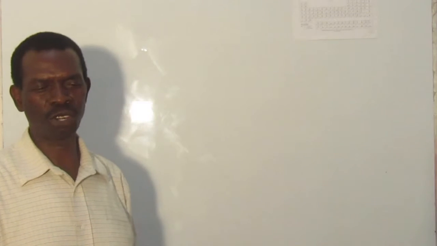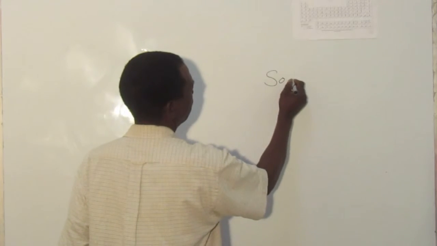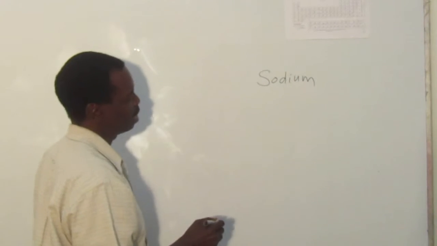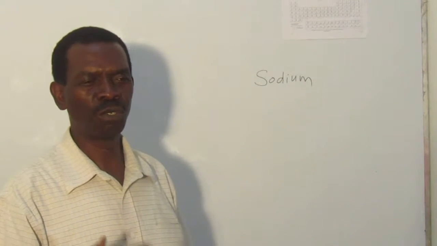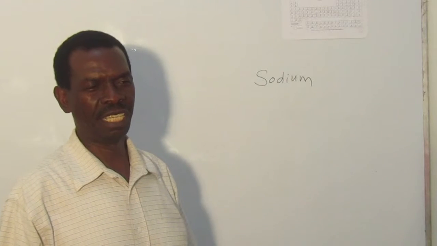Table salt is sodium chloride. So I will take that element, which is called sodium. Sodium is a metal which is found in group 1, which we call alkali metals.